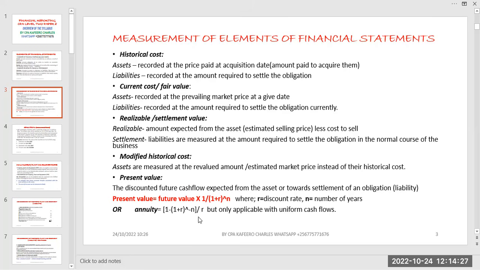That is our annuity factor. Then we multiply by the amount you are going to be receiving each year, so if you are receiving 5 million, it will be 5 million times the annuity factor for the number of years. This r is our discount rate, and this n is the economic useful life of the asset.